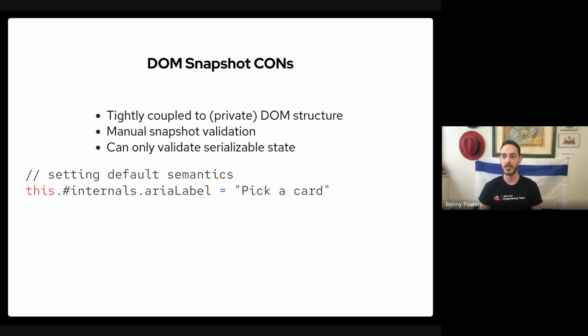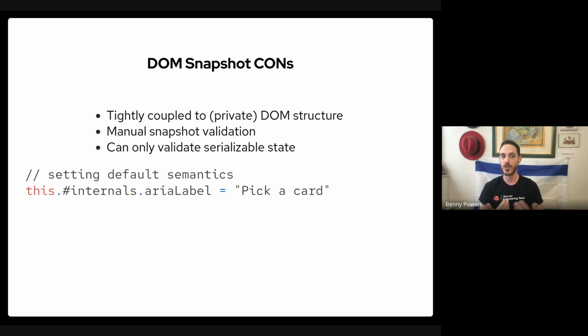So for example, let's say you used the ARIA IDL interfaces, ARIA IDL properties on an element internals object. The element internals object is sort of an in-memory private area where developers of components can set ARIA properties and different sort of default semantics for an element.